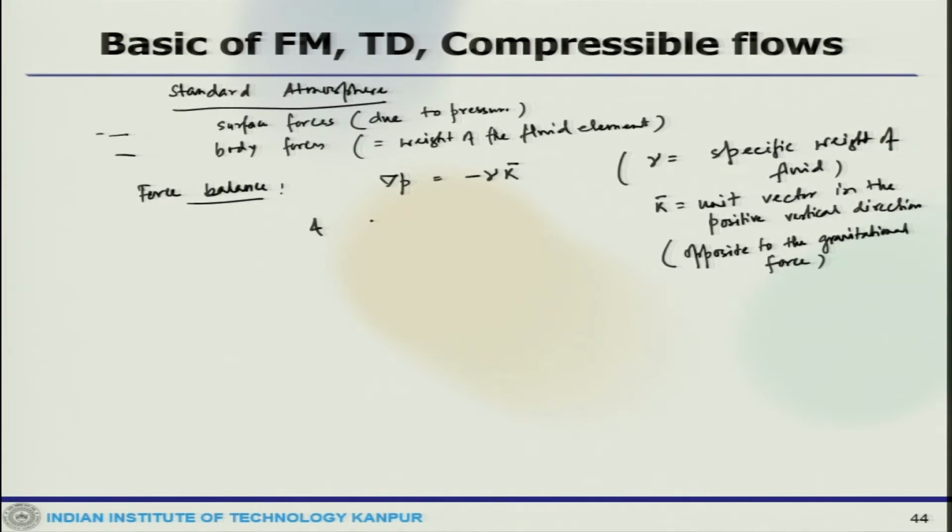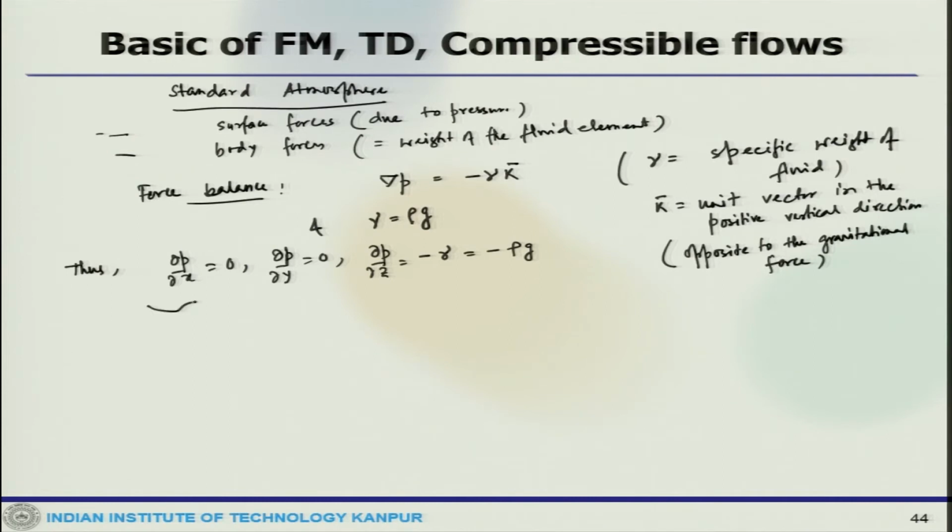We can then write gamma is rho g. Thus, del p by del x would be 0, del p by del y would be 0, and del p by del z would be minus gamma, which is minus rho g.